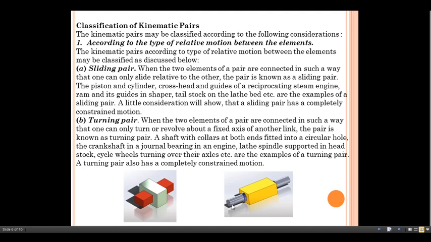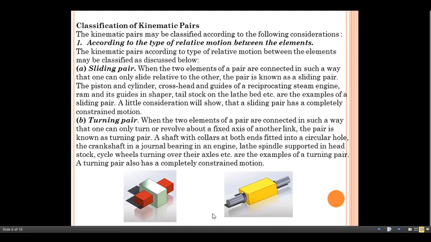Now just see here once again the example given related with this turning pair. When the two elements, means first element is here, second element is here. Okay, so the motion of this shaft along its axis is restricted.